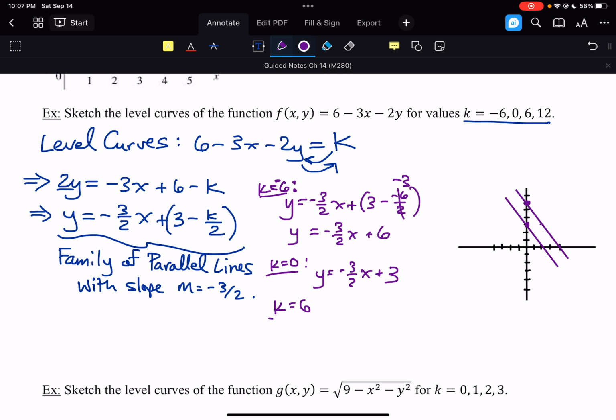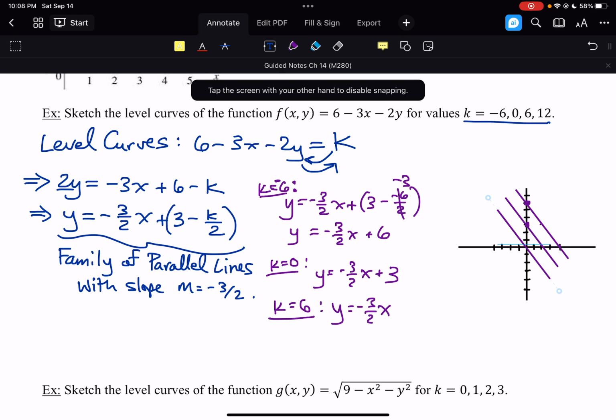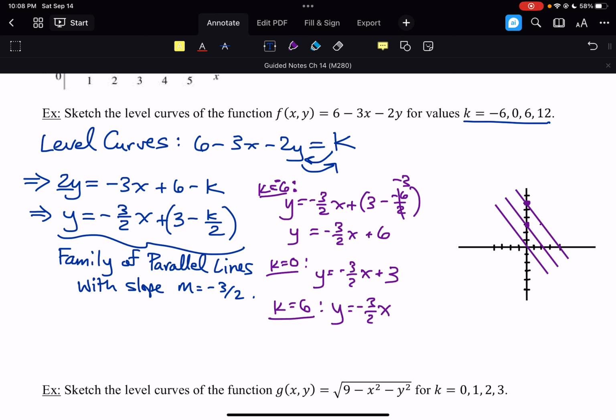If we go k equals 6, y equals negative 3/2 x, that's going to be plus 3 minus 3, so just plus 0. So we don't even need to include that. So again, it's going to be the same line with a y-intercept of 0.